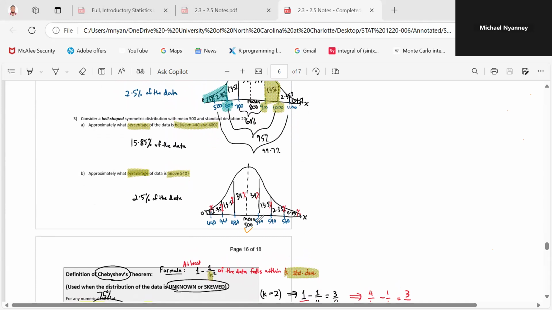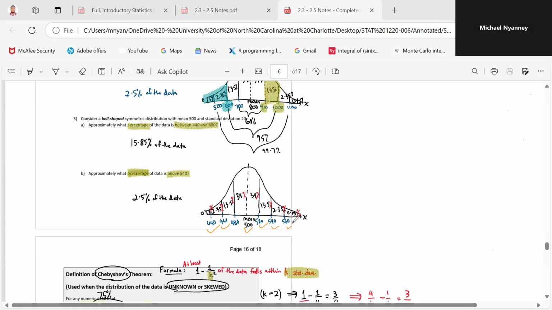Then we go 1, 2, 3 standard deviations from the mean. We add 20 to get 520. We subtract 20, 480. Then we subtract another 20, 460, another 20, 440. We add as well. So we've created those 3 standard deviations, and we allocate the associated percentages.